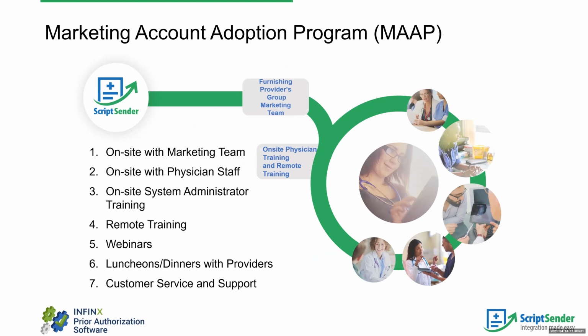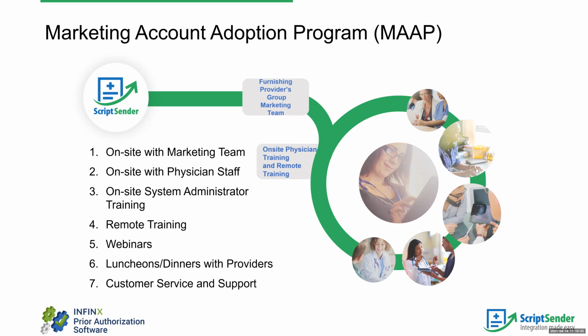One of the big questions we get is, how do you deploy the solution out? We've noted in many of our experiences that furnishing providers are challenged by getting physicians to adopt a new solution. So we've partnered with that furnishing provider by working together very strategically with their marketing team. We identify and select sites based upon different considerations, and then together we deploy this out.